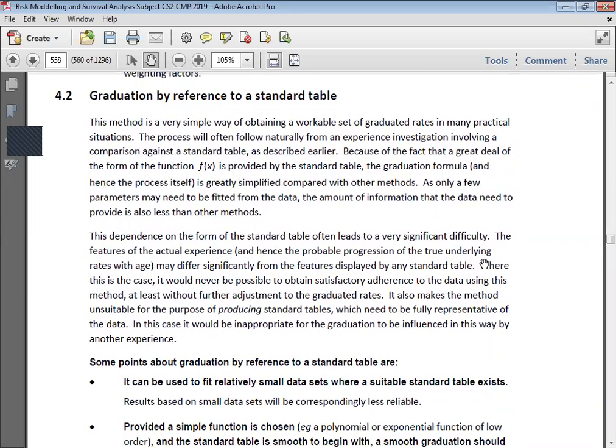Okay, so now coming to the standard tables, this technique is used if you have small data sets, and the results are very good with those. And you should expect the characteristics of the standard table to be reflected in the ones that you graduate. So only use this method if you have experience similar to what you have a standard table for.